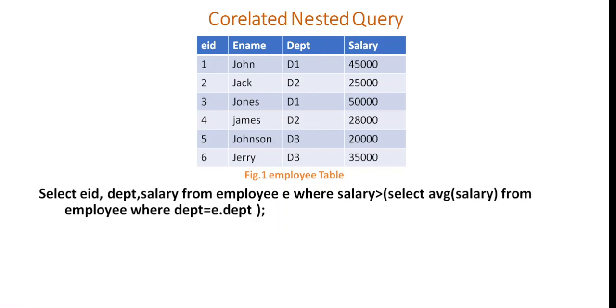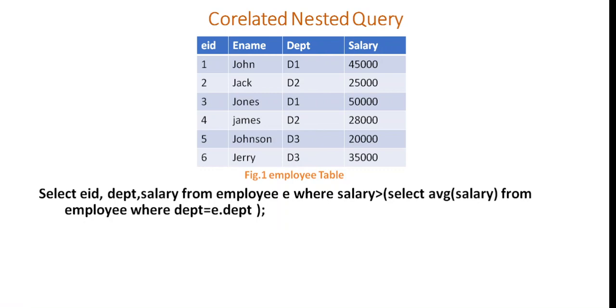Okay, so here department is the attribute by using which you can get department names. So when I write select average salary from employee where department equals E dot department, then it will compare each row with another row. First it will compare department D1 with D2. Now there is no equality, so it will be false.